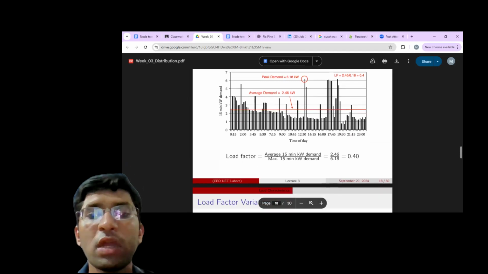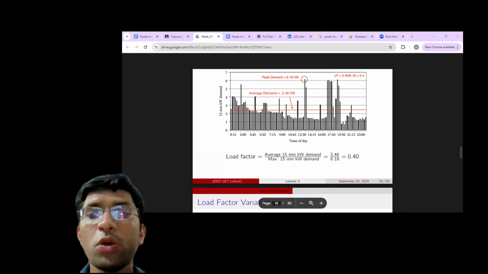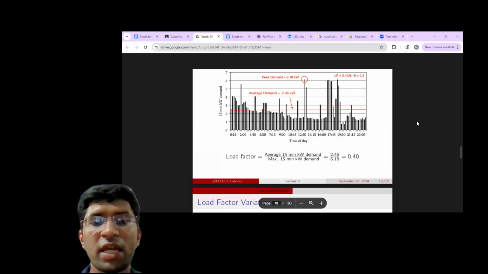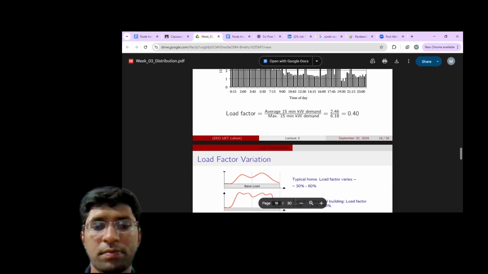It is the average 15-minute kilowatt demand. We have studied peak demand, average demand, and the load factor.